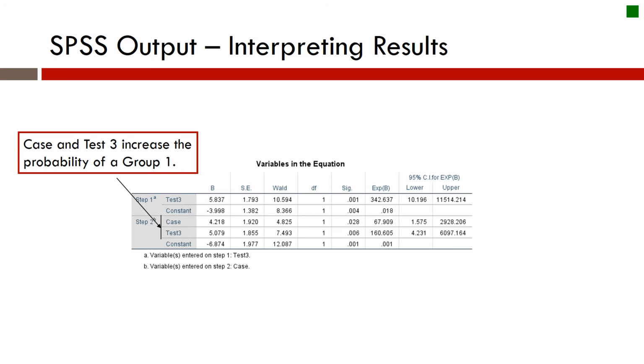Now, walking back to this table one more time, we can see how these two variables, case and test 3, are significant, and they help predict group 1 membership, and they do again at a 75% rate in which they occur.